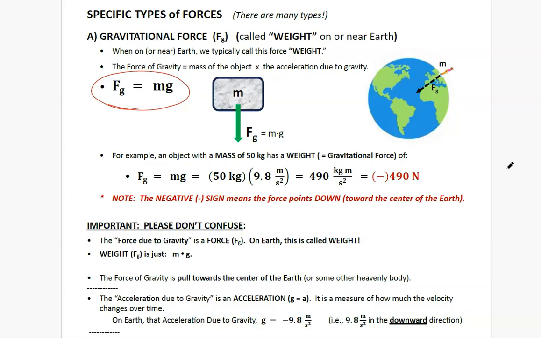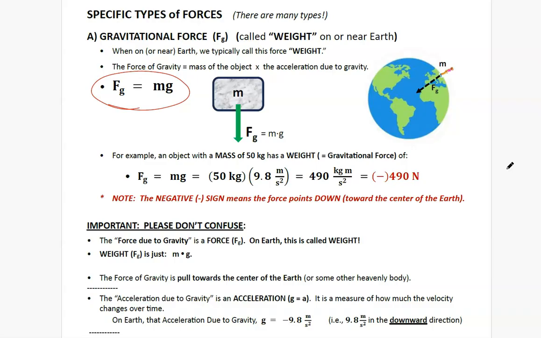All right, so the force of gravity is equal to the mass of an object, and that's in kilograms, times the acceleration due to gravity, that's 9.8 meters per second squared. So if you're given a mass in kilograms, just automatically, without even thinking, calculate the weight or the gravitational force from that mass. And you can do that quickly by just multiplying the mass in kilograms times 9.8.